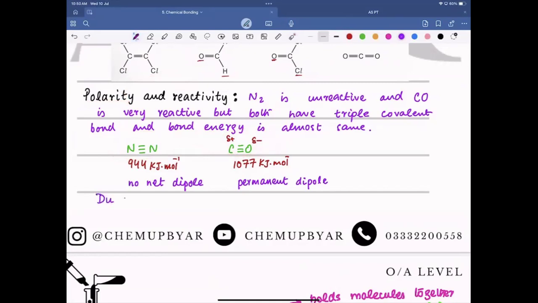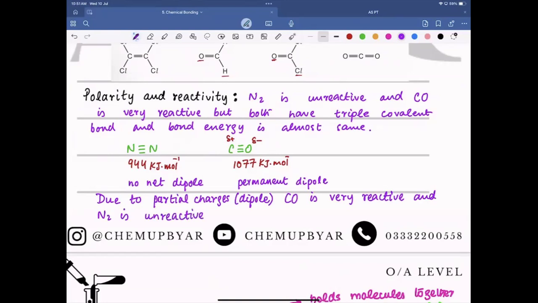So due to partial charges, or let me say dipole, carbon monoxide is very reactive and nitrogen is unreactive as it has no dipole.